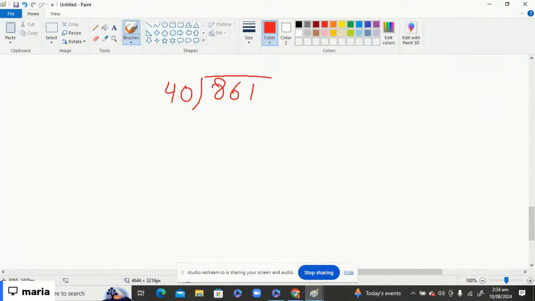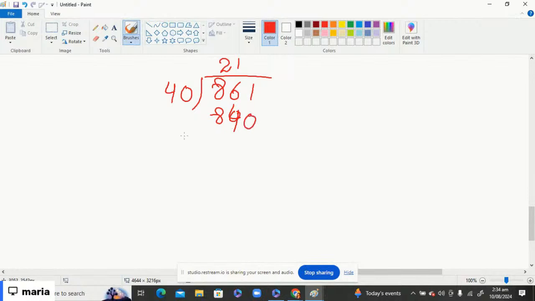So as we know, 40 times 2 is 80, you can say that. But here we are just simply putting the numbers which are a bit closer to that, okay? So here we are simply multiplying 40 with the 21. This becomes 840.